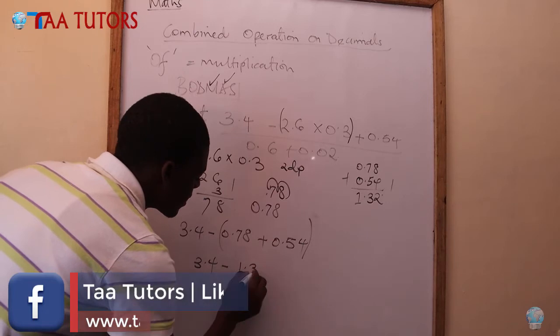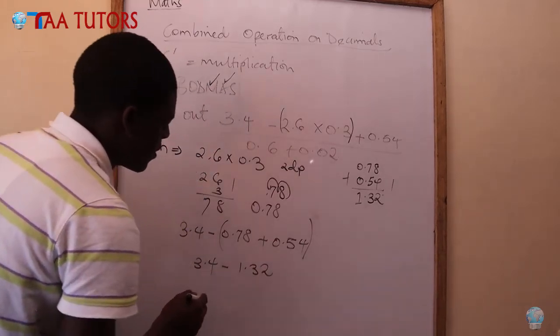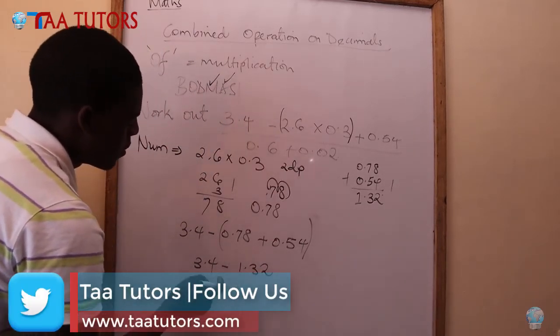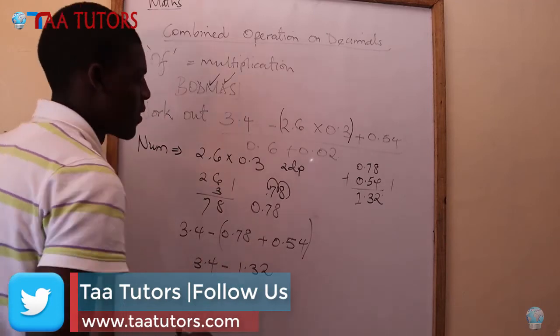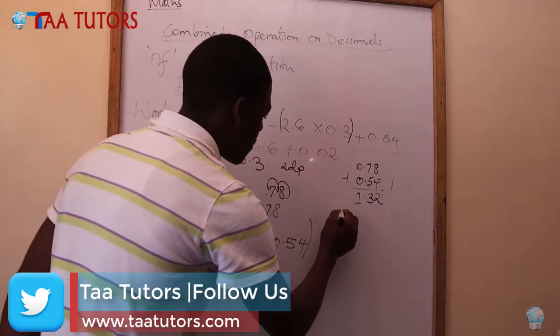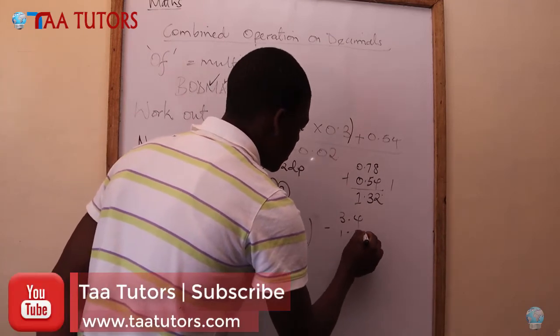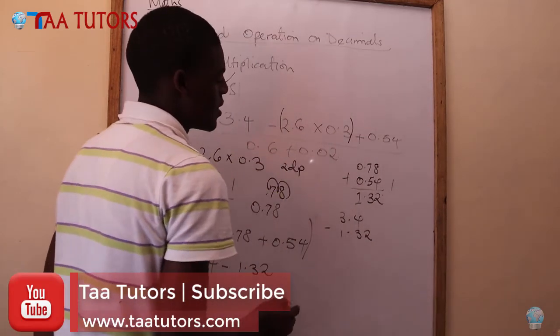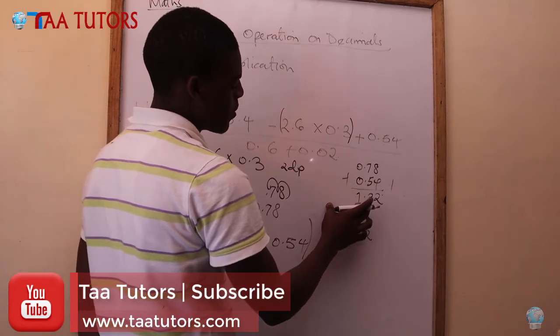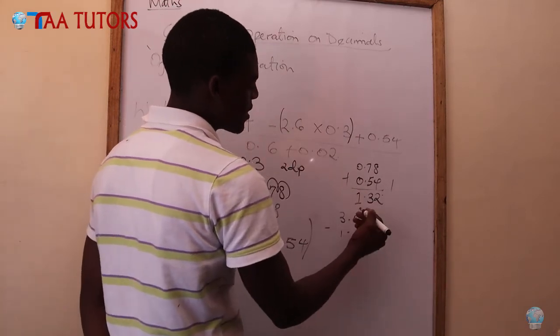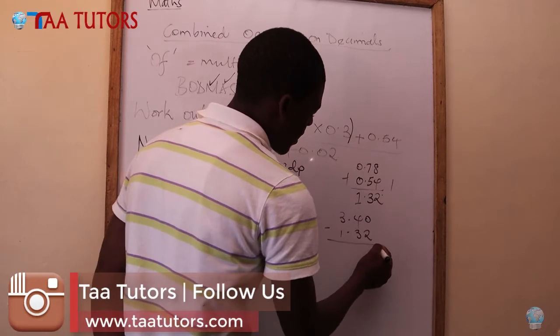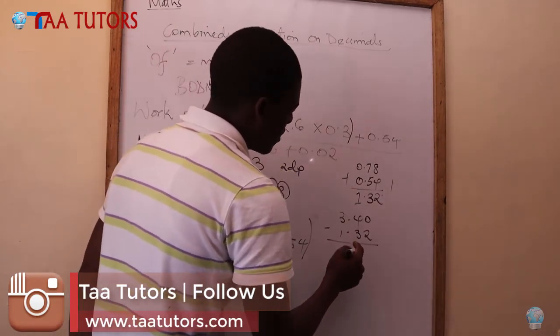In subtraction also, we obey the place values, their position. So we will have 3.4 minus 1.32. Since we have fewer decimal places up, we will add 0 as a placeholder so that we are able to subtract normally.